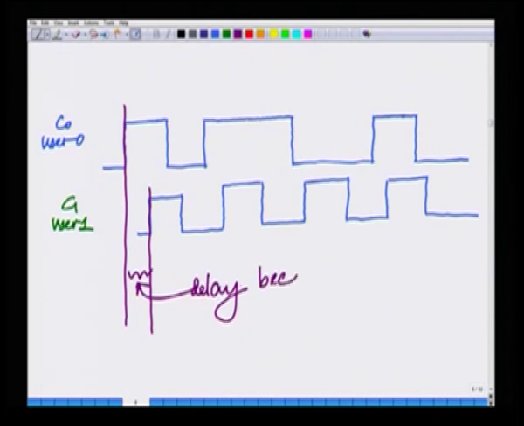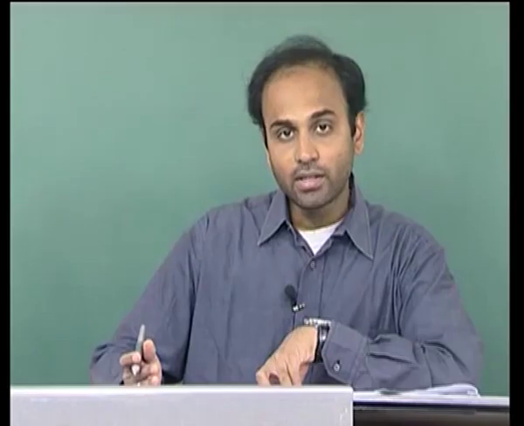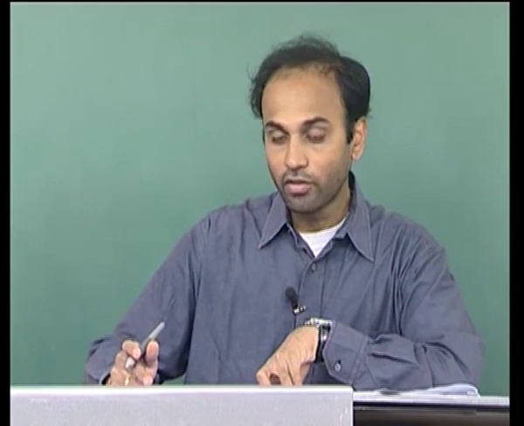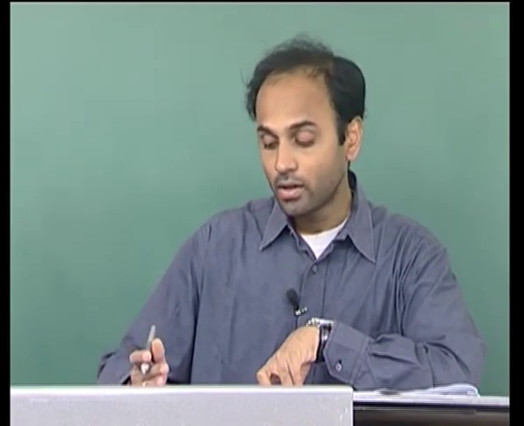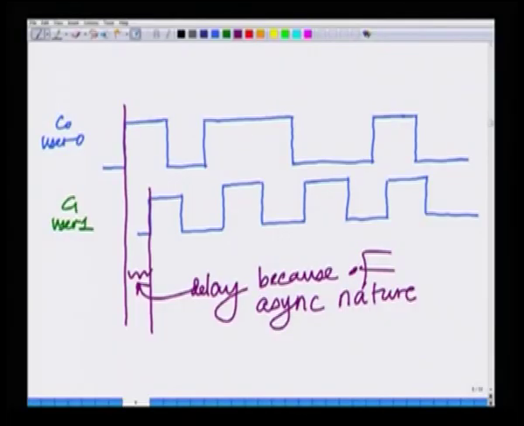Delay because of the asynchronous nature. Now, when I correlate this sequence, let us say I am looking at the correlation of C0, C1. Because C1 is shifted, part of the sequence C0 is correlated with the shifted C1 sequence, shifted by 1 unit.